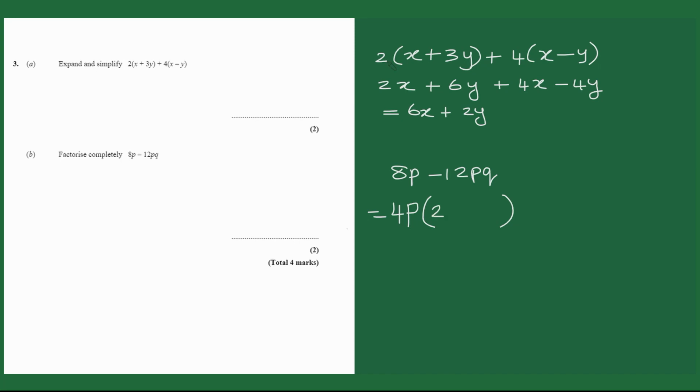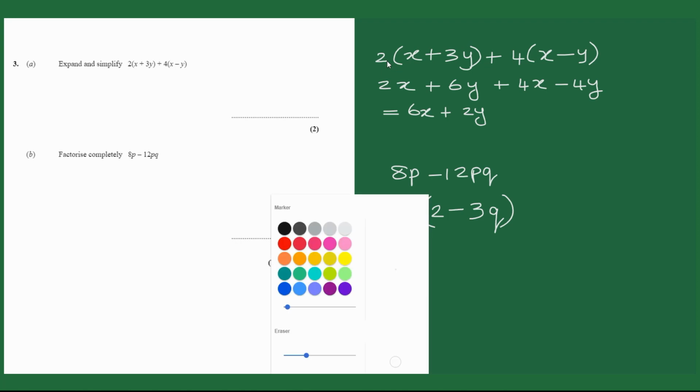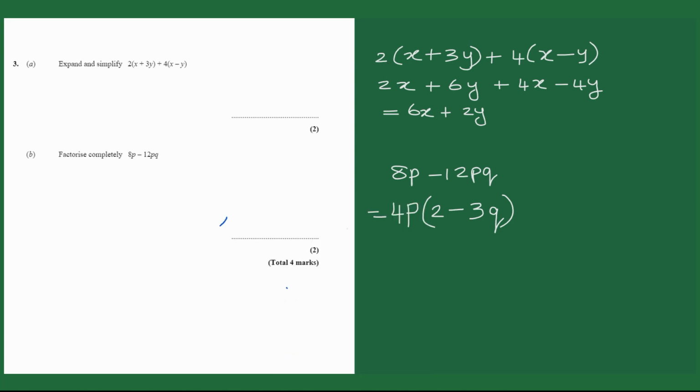So 4 times 2 is 8, p already out, minus 4 times 3, p already out, so q is left over. So that is our final answer, 4p, 2 minus 3q, and the working is there. And first question, 6x plus 2y.